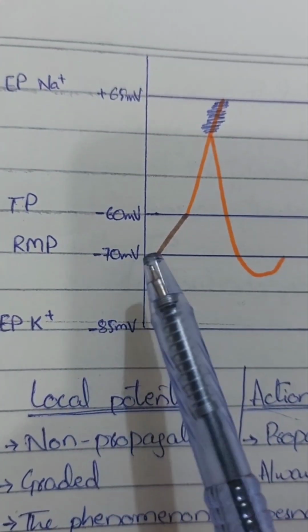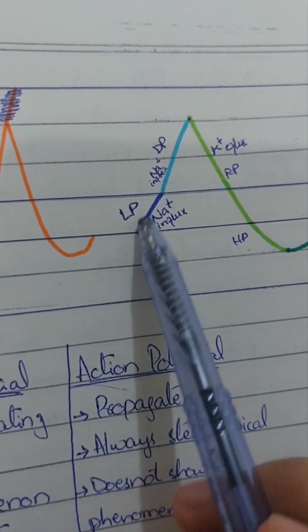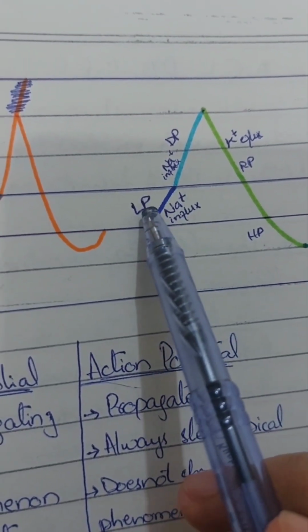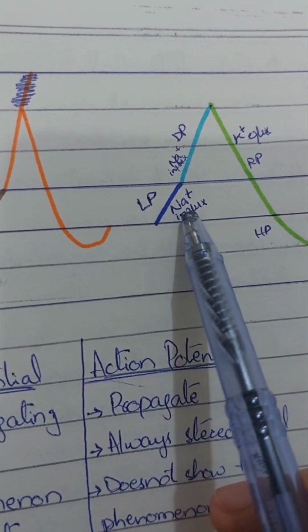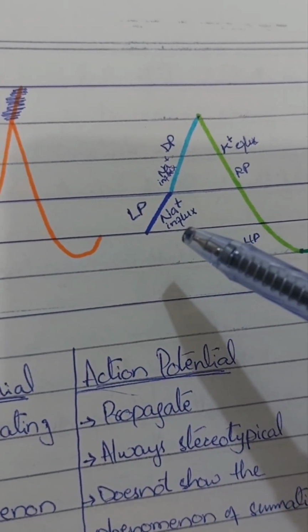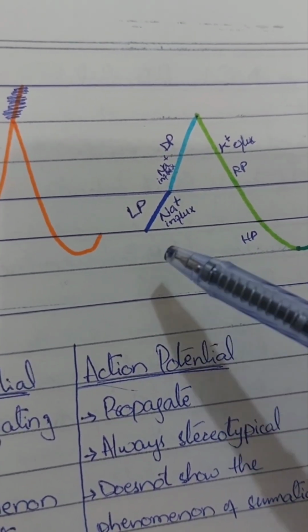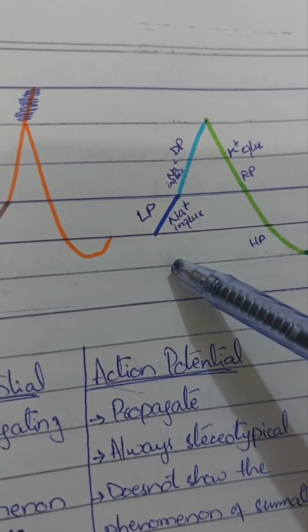Known as the resting state, when a stimulus is given, it achieves the threshold potential and local potential, which is caused by the sodium influx through mechanical stimulus sensitive sodium channels or touch sensitive sodium channels.